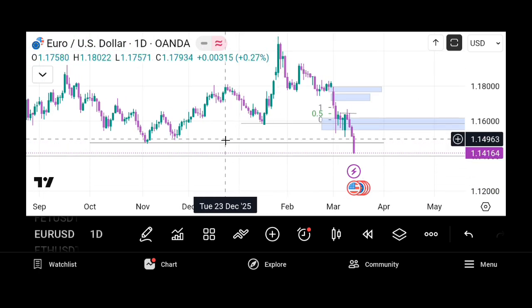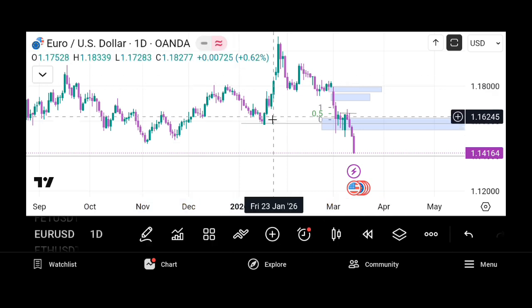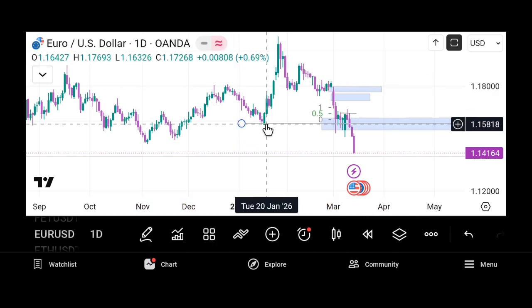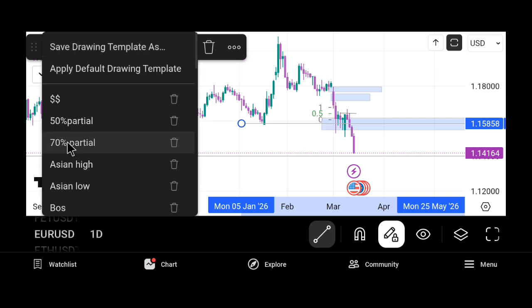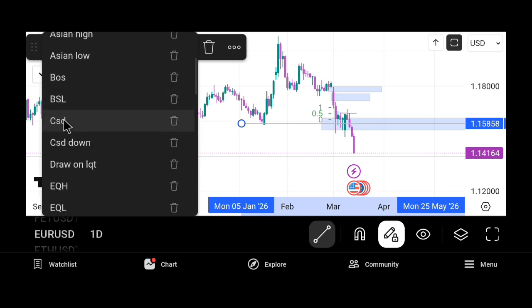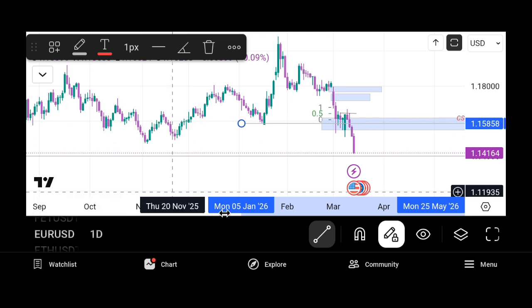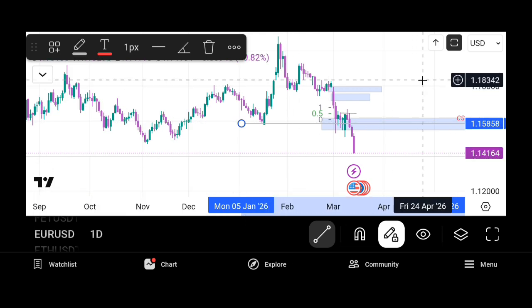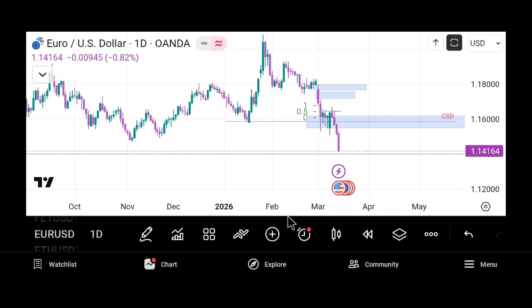So I'll take this out. Then here is the weekly order block, which is the weekly change in state of delivery. If you don't know what a change in state of delivery is, there's a video coming up on Wednesday this week to help you understand what a change in state of delivery is.